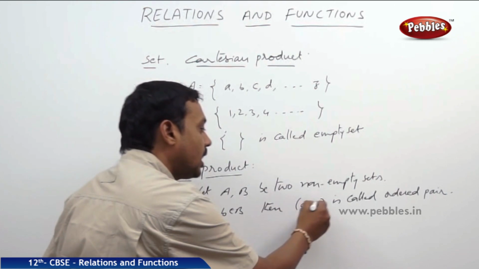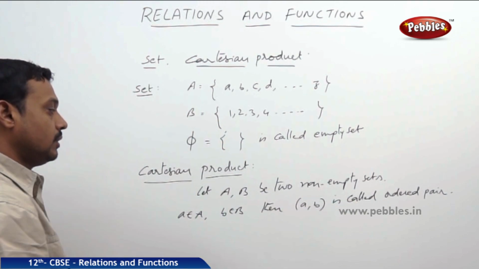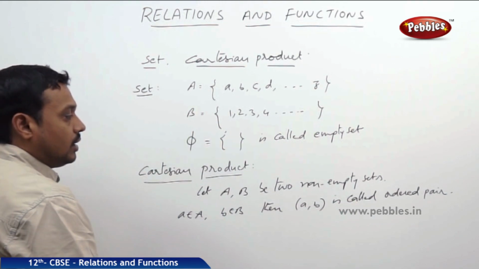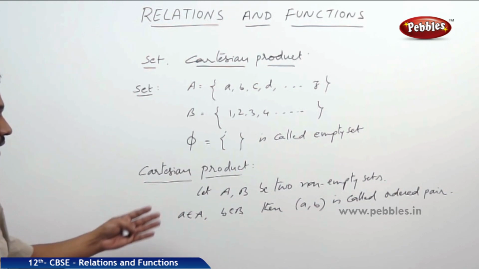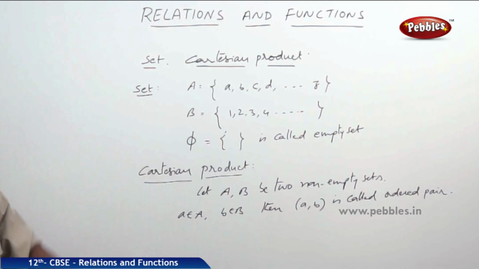Now the pair (a, b) is called an ordered pair, and the collection of all possible ordered pairs defined from A to B is called Cartesian product.